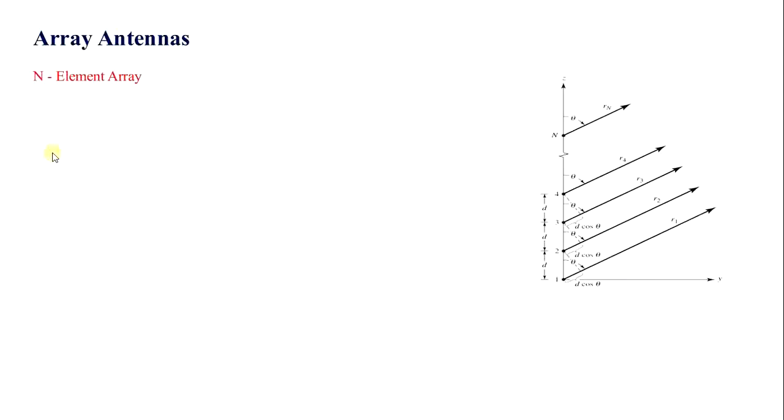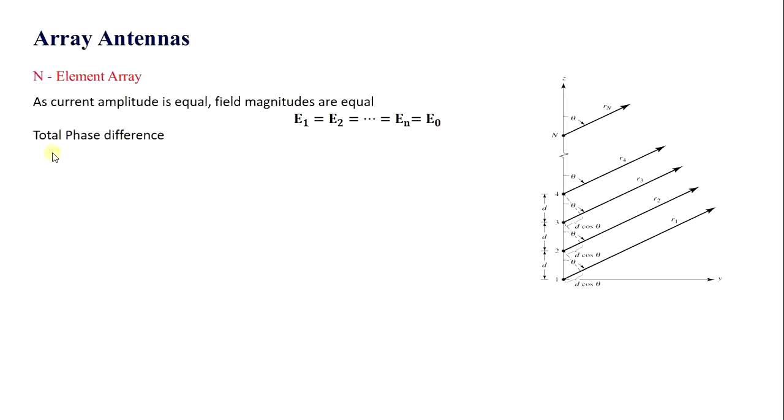Now considering the same geometry, isotropic sources are placed along the z-axis, and as they are fed with currents of the same amplitude, the field magnitudes are also equal. So if E1 is the field radiated by isotropic source 1, and the field generated by isotropic source 2 up to the nth isotropic source is equal to E0, the total phase difference psi 1 equals psi 2 equals psi.